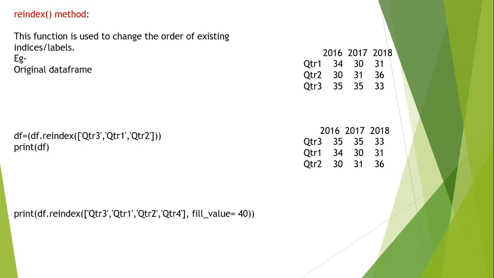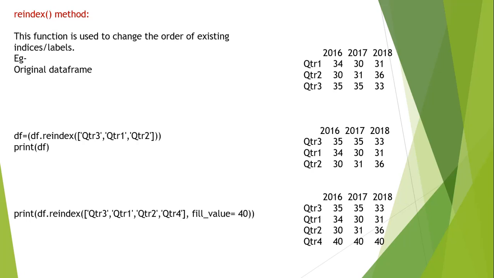Now let's see the output here. If you print this, you will have this. The columns are still the same, 2016, 2017, 2018, and the indexing as done earlier is qtr3, qtr1, qtr2. But here we have also added this qtr4 index, and this qtr4 has the values as 40 because we have specified fill underscore value is equals to 40. Okay, so I don't think there is any problem till now.